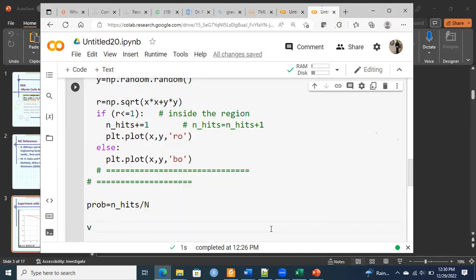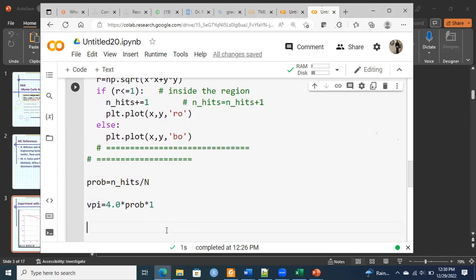I say it is v pi. V pi would be equal to probability times 1, which is the total area, and this is the first quadrant. So for the whole circle, it is 4 times that. And this is the value we expect to be very close to pi.